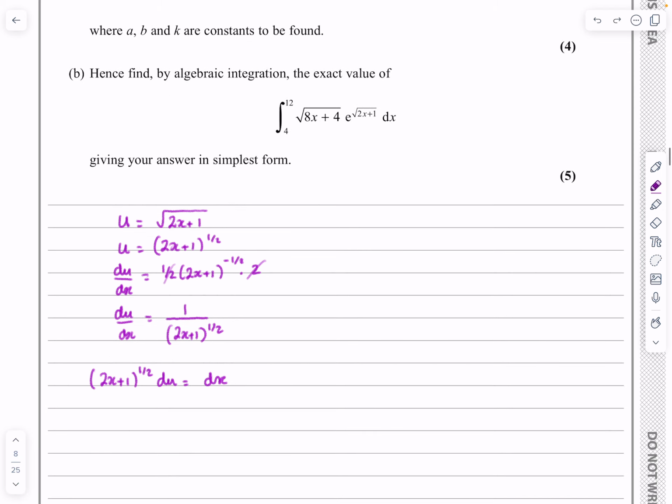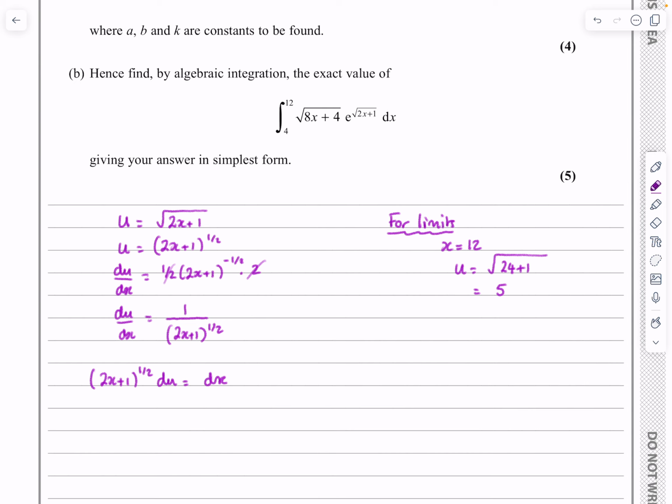What else do I need to do? I need to look at these limits here. So for limits, anybody who's watched my videos will see I always tend to sort these questions out in the same sort of way. If x is equal to 12, then u is going to be equal to the square root of 2x plus 1, which is 24 plus 1, which is 25, which gives me obviously 5 there.